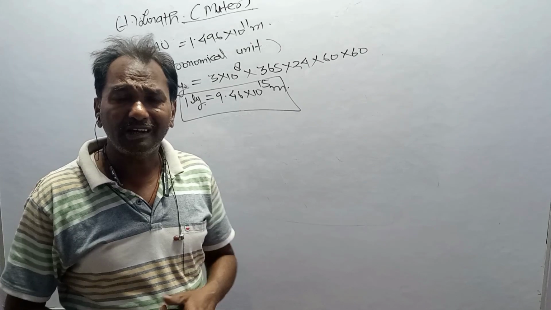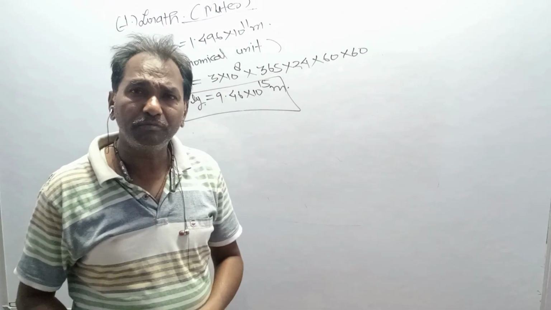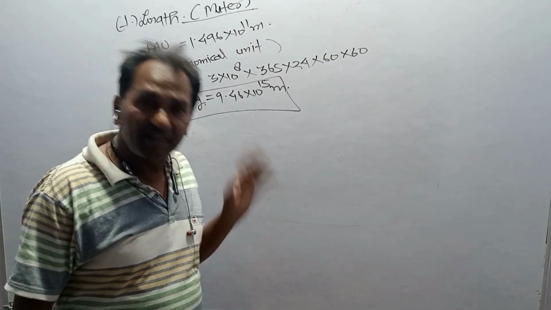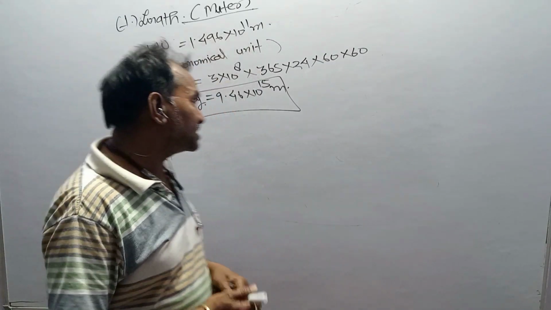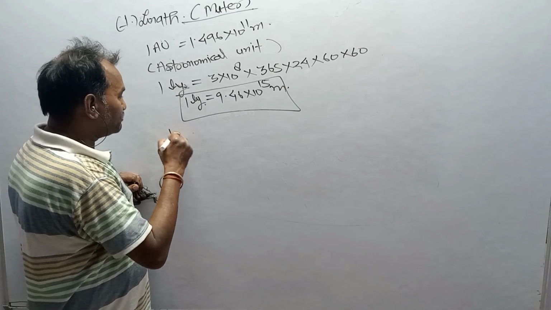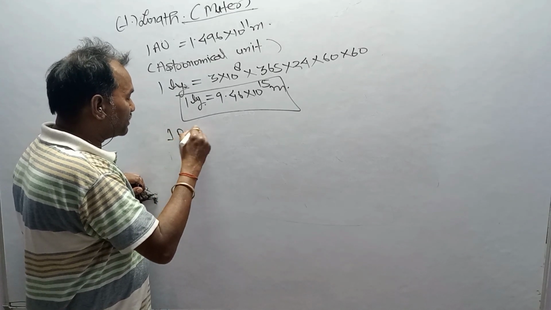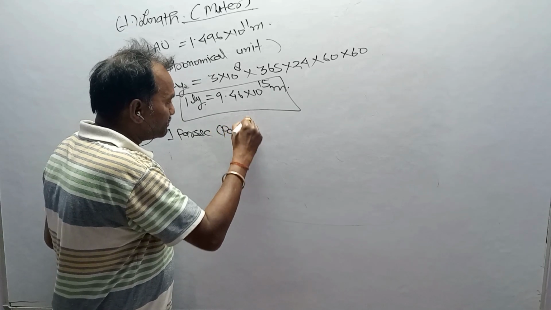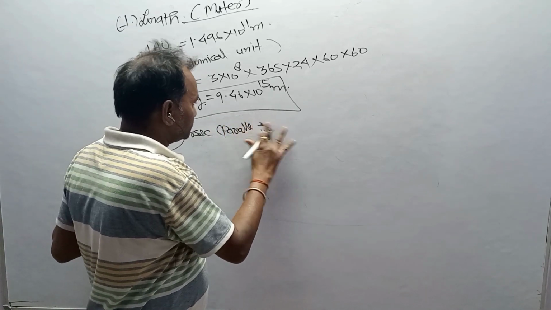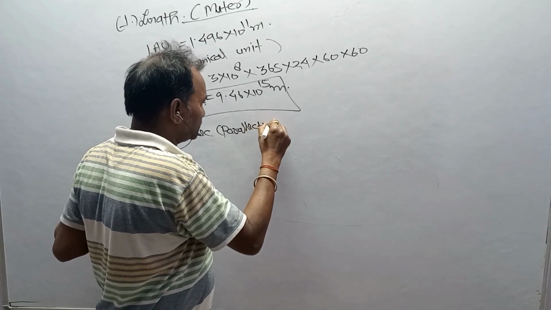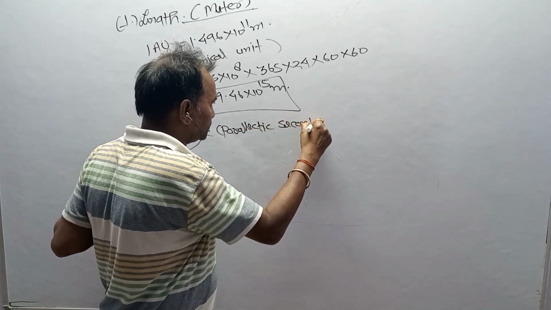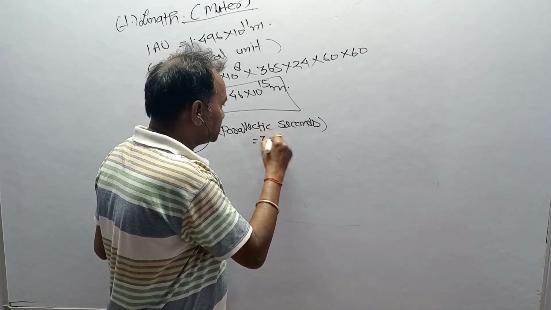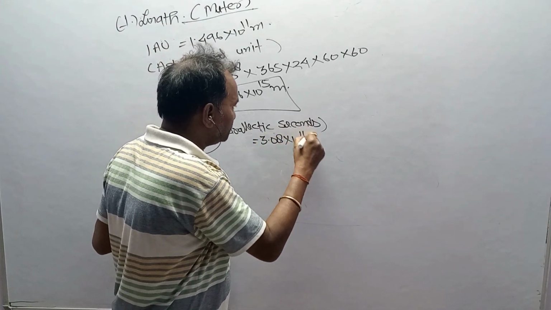Now the question is whether this is the biggest unit to measure large distances. No. There is a unit bigger than the light year, and that is the parsec. 1 parsec is also called the parallactic second. This works out to be 3.08 into 10 to the power 16 meter.